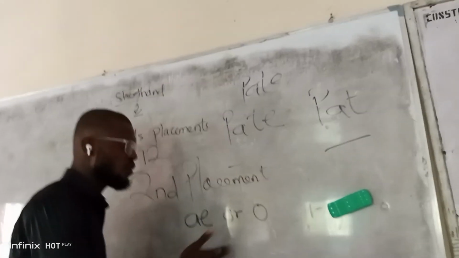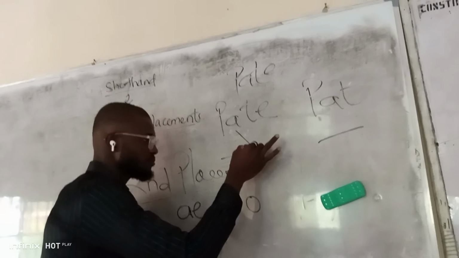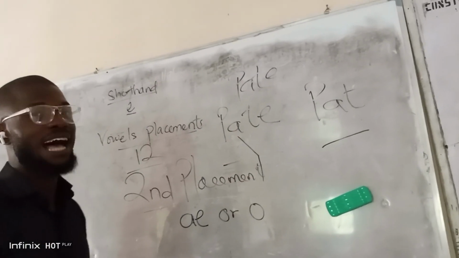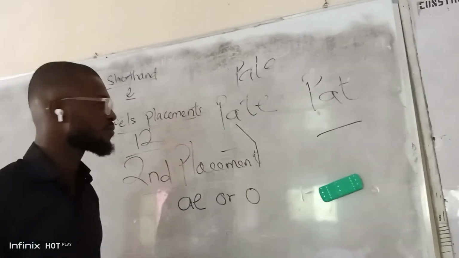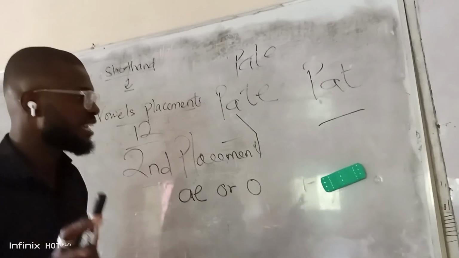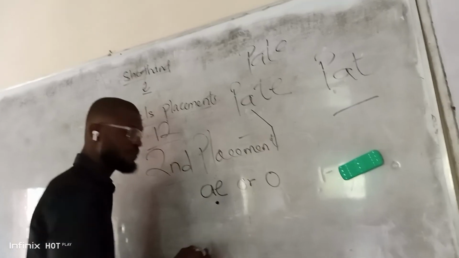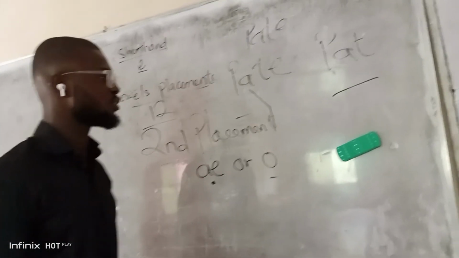Whether you hear A or O, now, the first consonant stroke will be on the line. Make sure it's on the line. As far as this, we are talking about the second placement, where you put your A or your O, and again, lest I forget, your A represents your dot, while your O represents your dash.